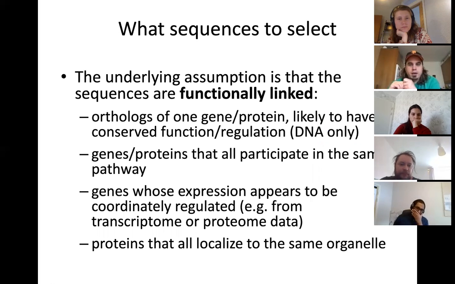If you look at promoter sequences, you would look at genes that are all part of the same pathway, or promoters of genes that appear to be regulated the same way. If you have transcriptome or proteome data and you notice that genes behave in the same way, you can analyze their promoter sequences this way. Or if you're looking at protein sequences that all go to the same organelle but are otherwise unrelated, then it might be worth doing a motif search to see if you can find a motif.